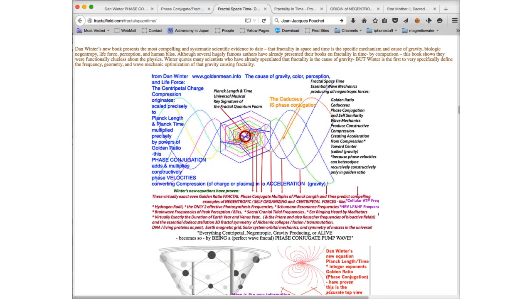So here are these peaks on this cascade. See these little red lines here? These are golden mean ratio multiplications of Planck length and time.